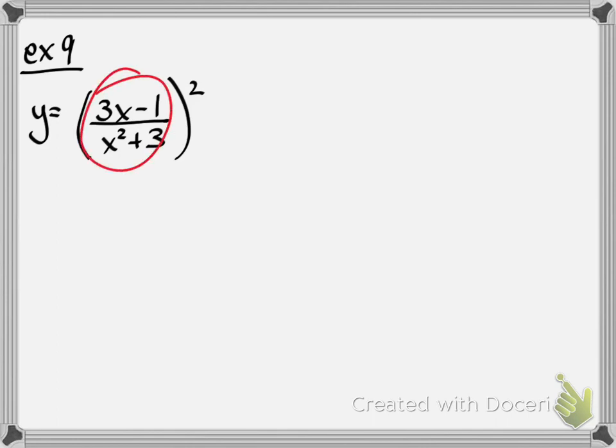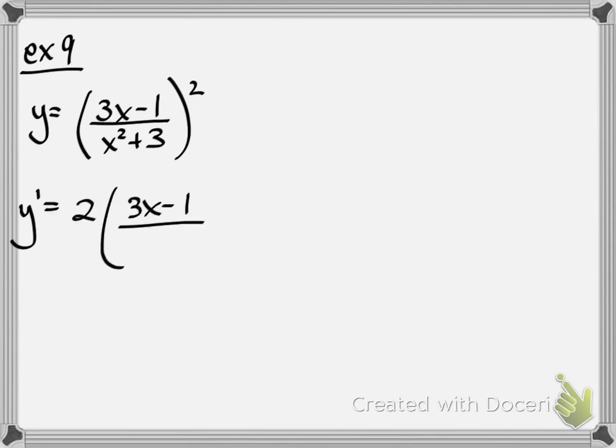All of this is my inside function and my outside function is squaring. So we can do this derivative with the chain rule. We can bring the 2 to the front of all of this and make that to the 1 less power times, now we need to do the derivative of this, which is a quotient. So let's go ahead and set up a bracket.